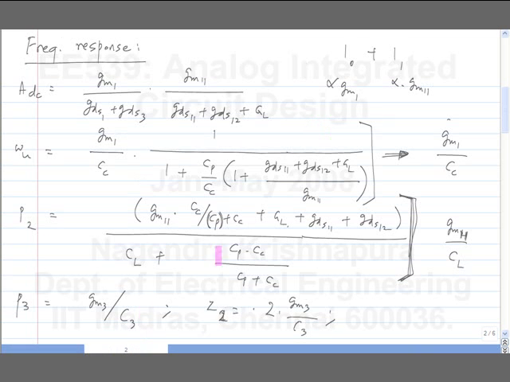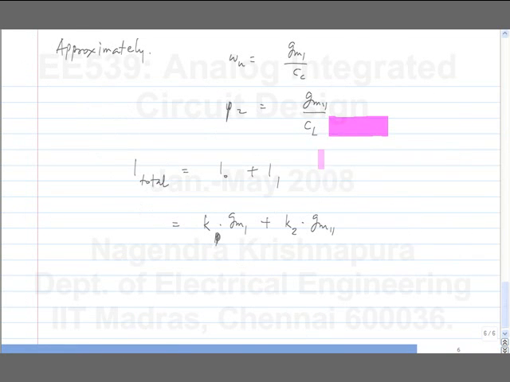But at least to a first order or zeroth order, we can simply reduce Gm1 and CC and everything stays the same. Whereas here you can't do that. The moment you reduce Gm11, your second pole will move in. So you can't reduce the second stage current beyond a certain limit. So a typical design will have Gm1 smaller than Gm11 and CC smaller than CL. That's an efficient design.